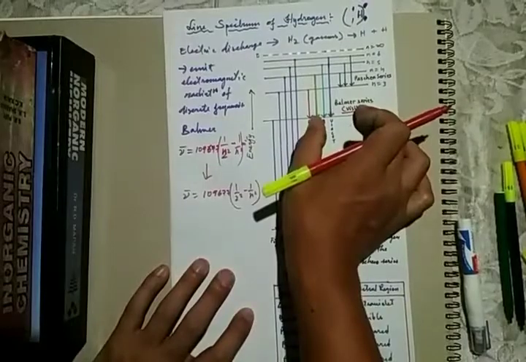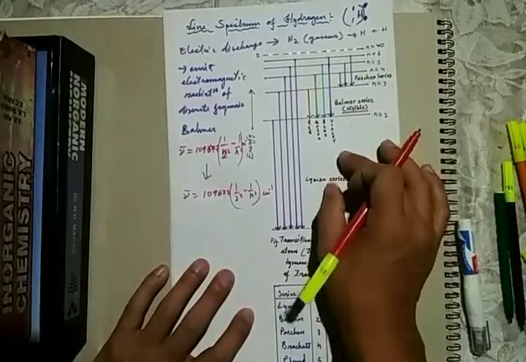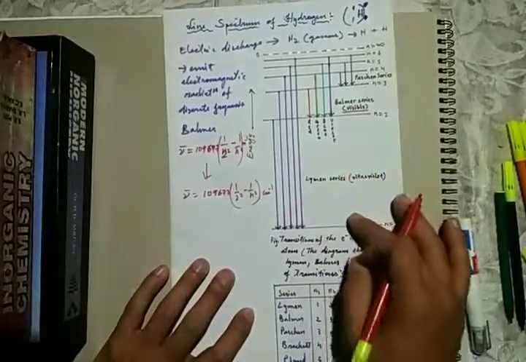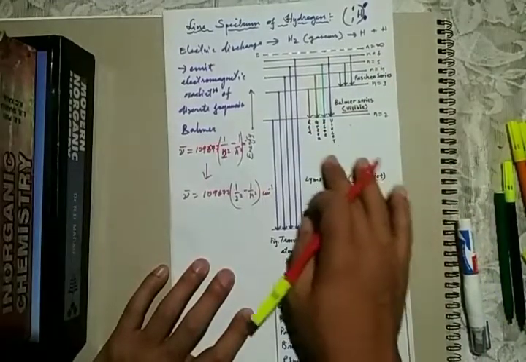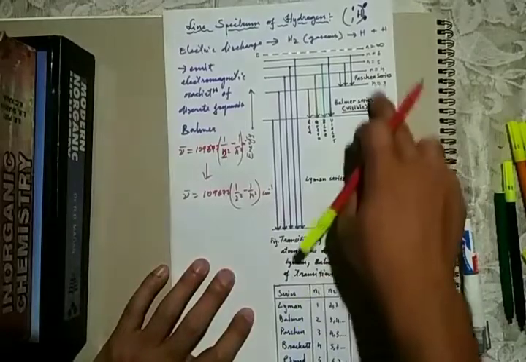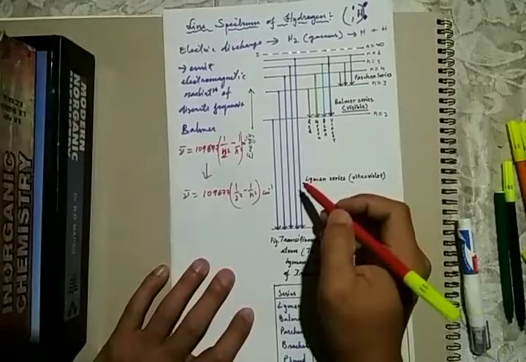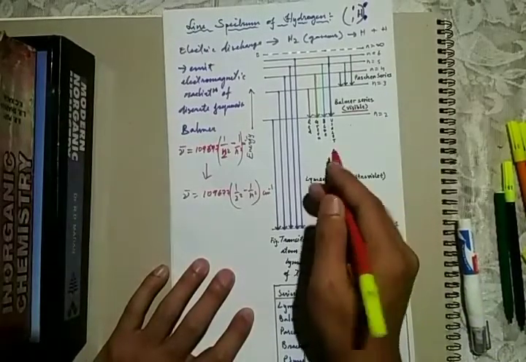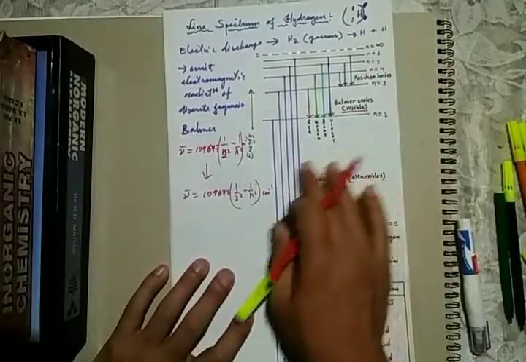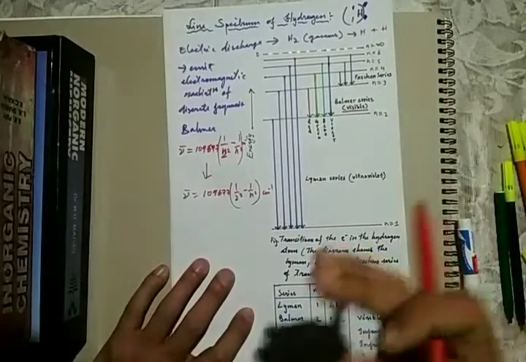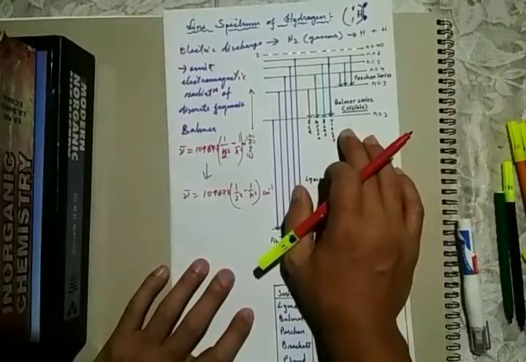After his discovery, many people discovered that hydrogen shows different spectral lines in different regions of the electromagnetic spectrum, like ultraviolet. So hydrogen also shows spectral lines in the invisible region, which means it is not visible to our naked eyes.